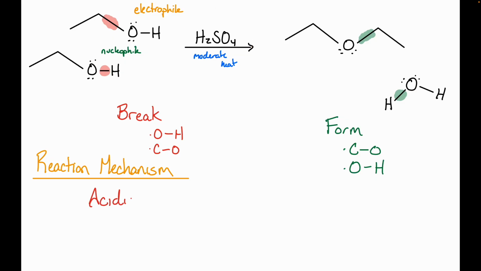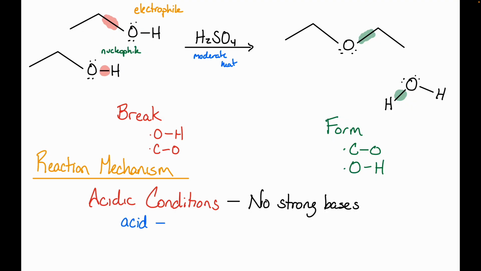So we should see acidic conditions, where we're going to make sure we have no strong bases. We're going to need an acid here, but we don't have any dilute acid. We'll just have that sulfuric acid playing the role.